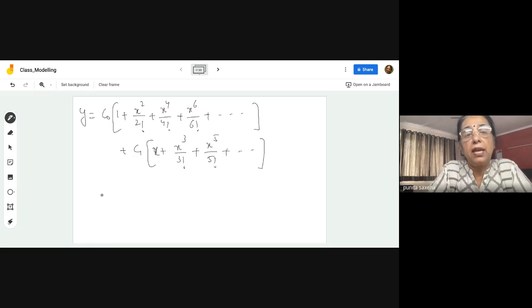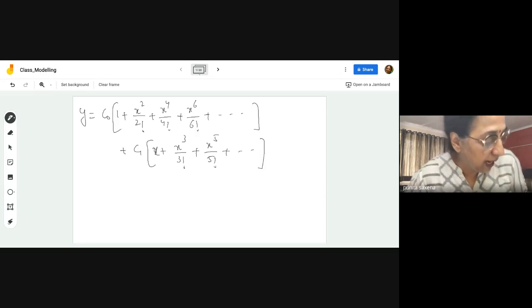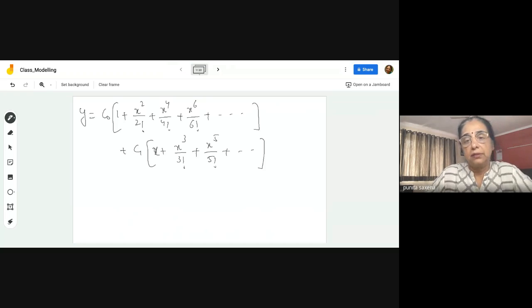Is this correct or not? Bolo. Any doubts, please, because these kind of differential equations are pretty important. Is this okay or not?